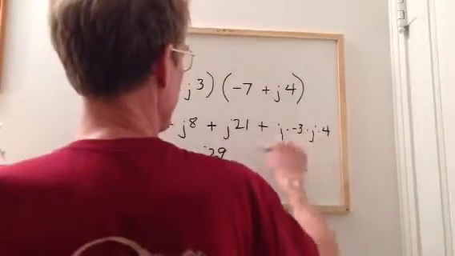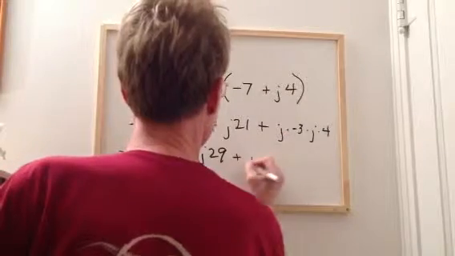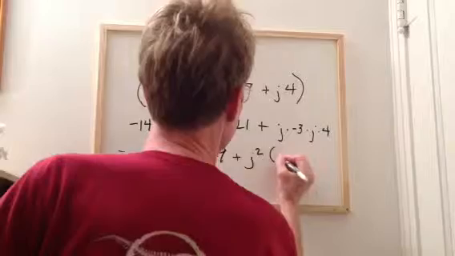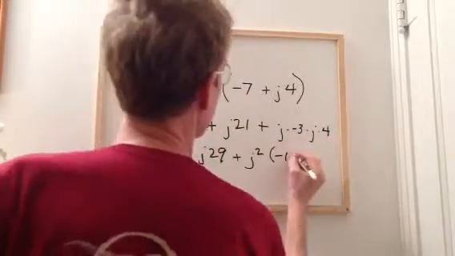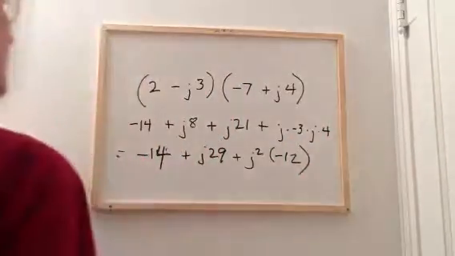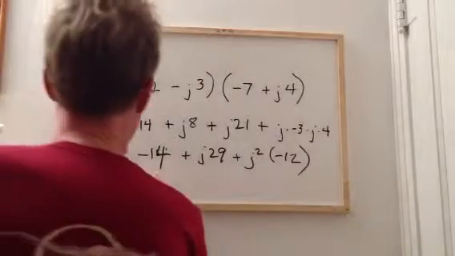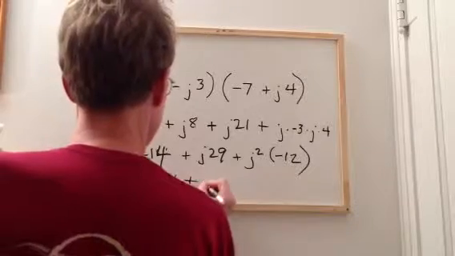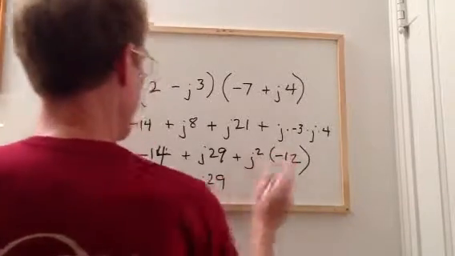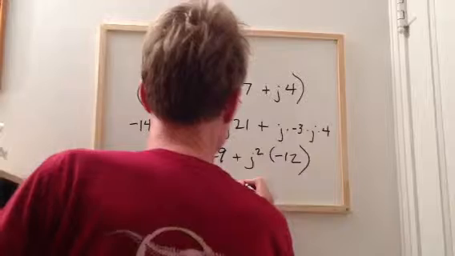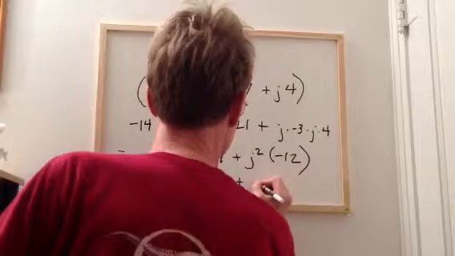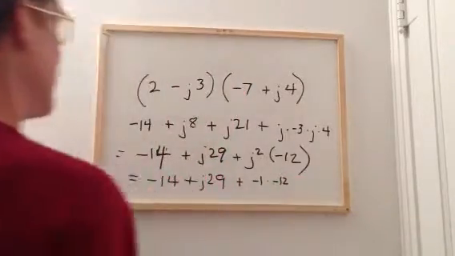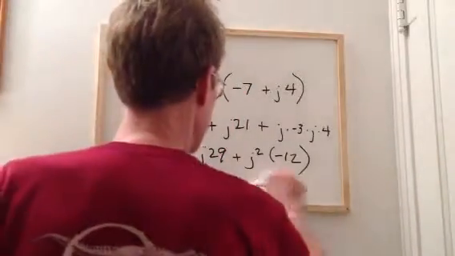Now we get this one, J squared, J times minus 3 times minus 4, or times 4, which is a minus 12, which equals minus 14 plus J29, and then this is plus a minus 1 times a minus 12, which is just plus 12.